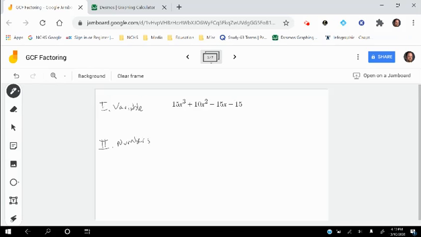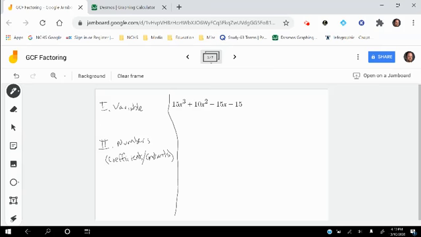Remember, the numbers are broken into two categories. You have the coefficients, and you have any constants. Remember, coefficients are in front of a variable. A constant has no variable. These are the two things that we always look at and examine.